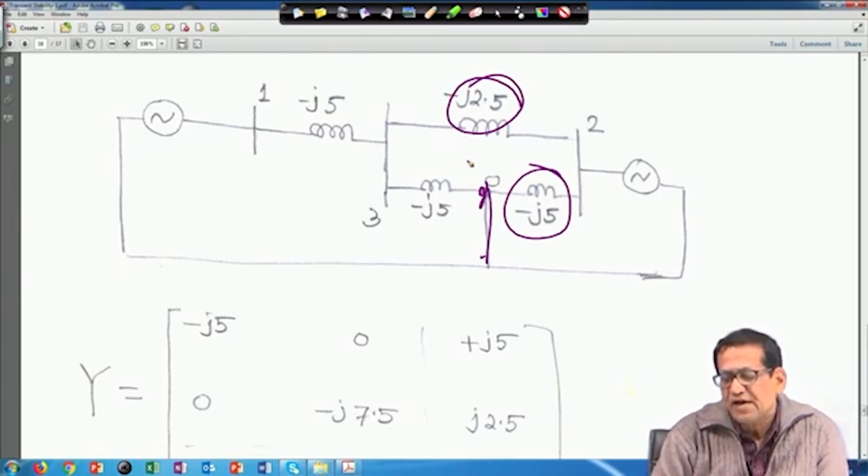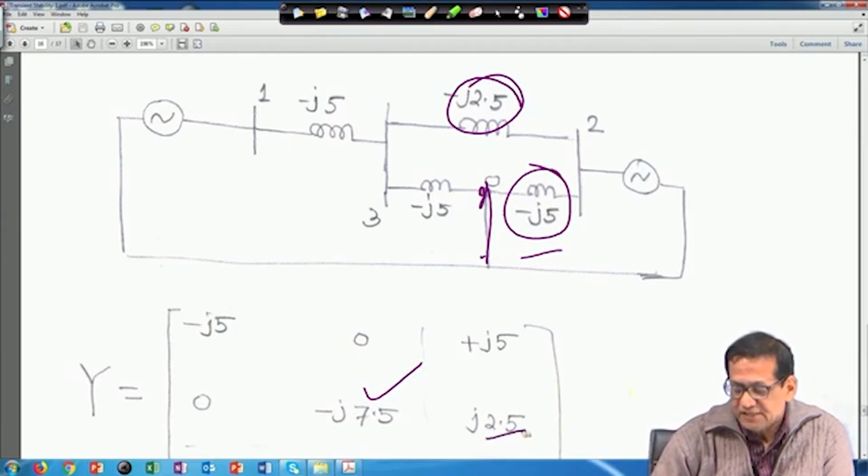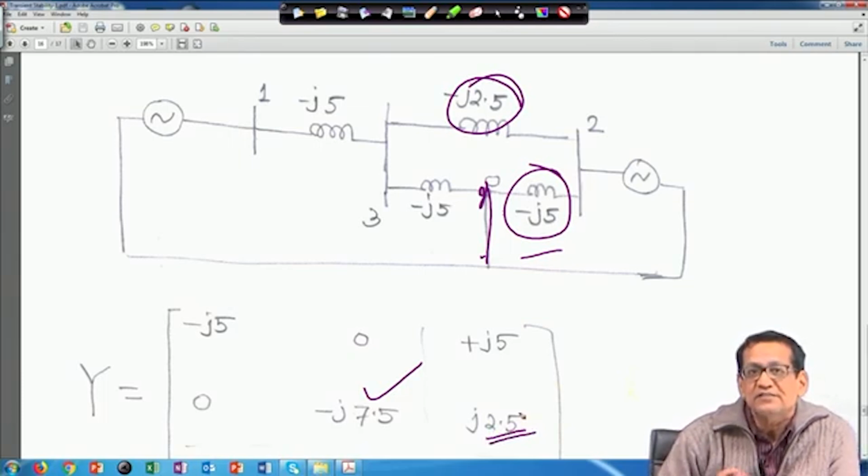So, it will be minus j5 and minus j2.5, so it will be minus j7.5. And Y23 will be plus j2.5, because it is minus of small y23.